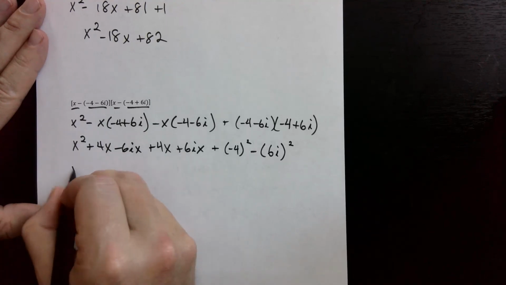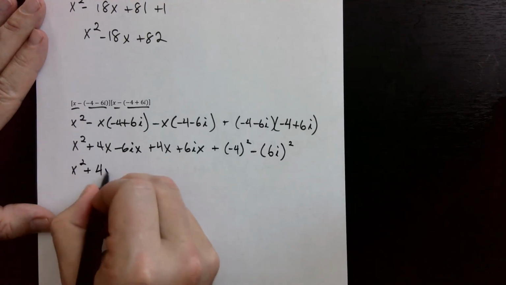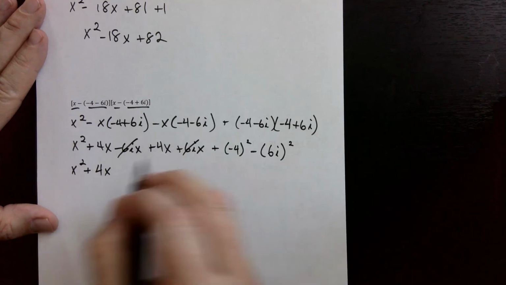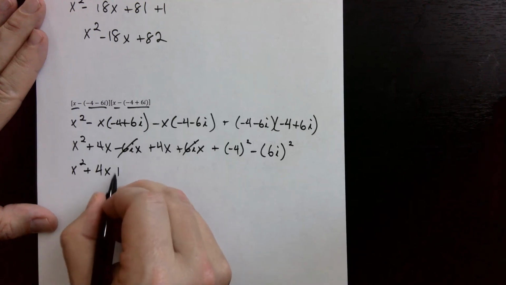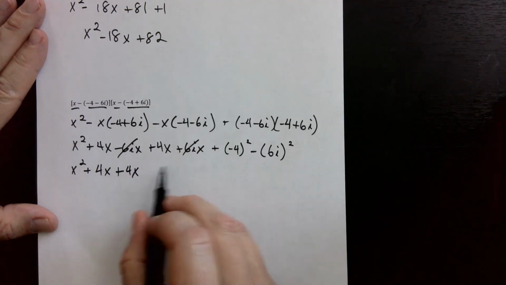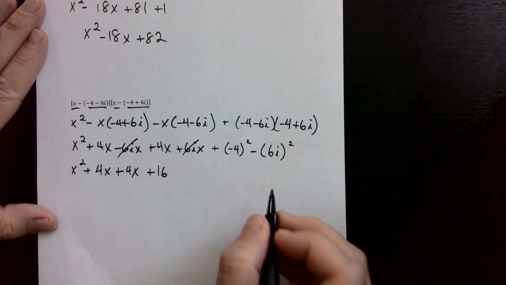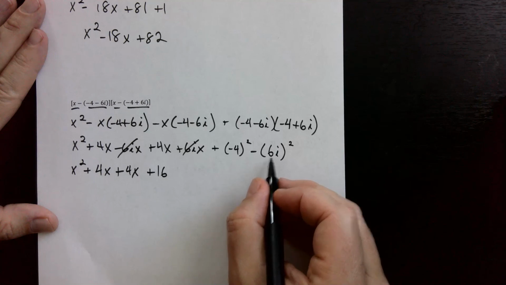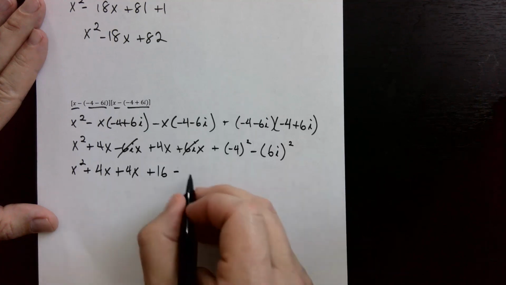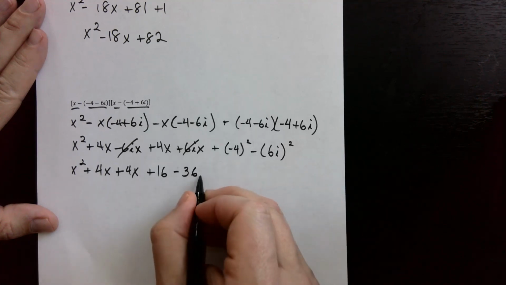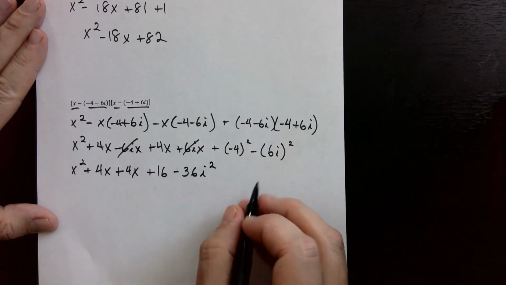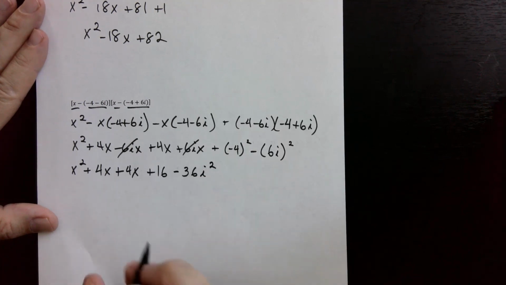That becomes x squared plus 4x. These two terms cancel. So plus 4x, I should have combined those, but I didn't. I'll do it in the next step. Plus 16. And then this one would be minus 36i squared. So that'll turn into plus 36.